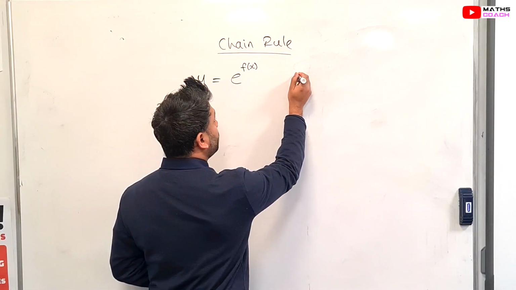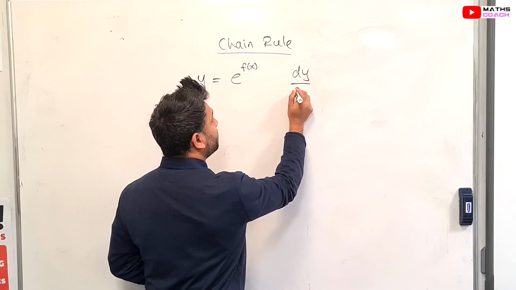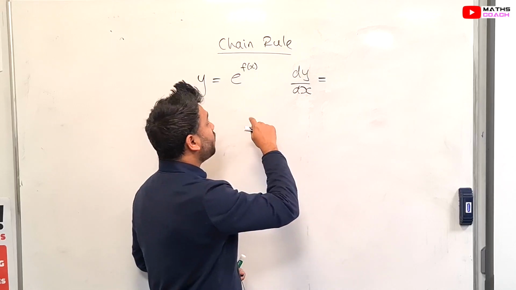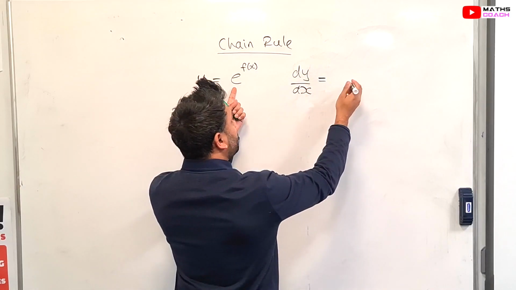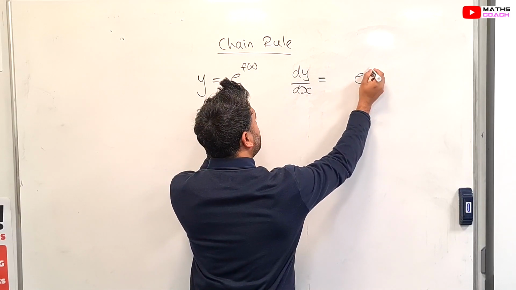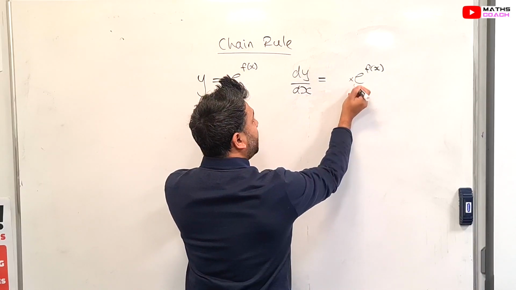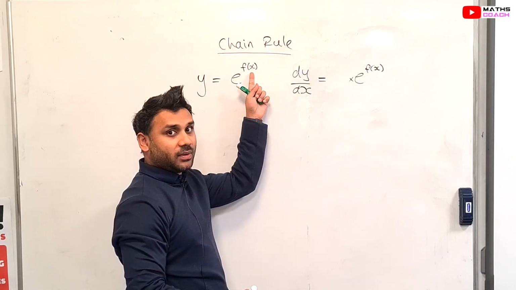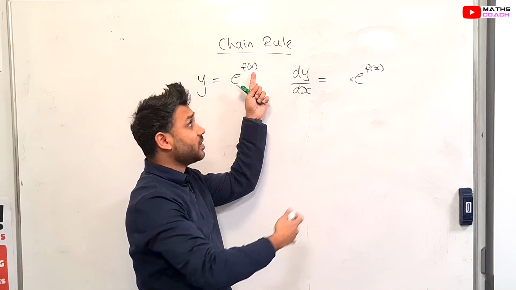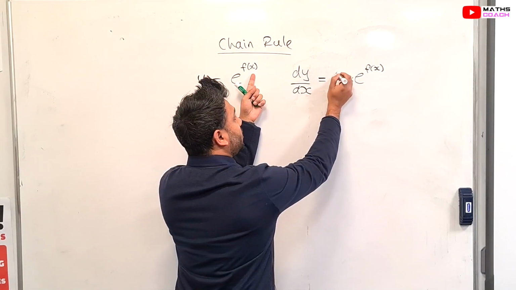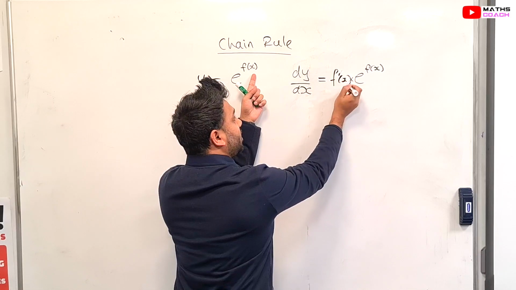So if we were to perform dy by dx, first we have to differentiate the exponential function, which gives us the exponential function back, e to the f of x. Then we multiply by the derivative of the power. If we differentiate the power, obviously f of x will differentiate into f dash of x.